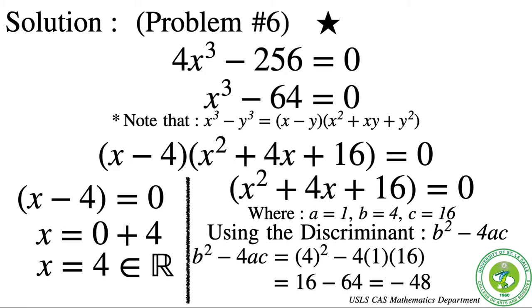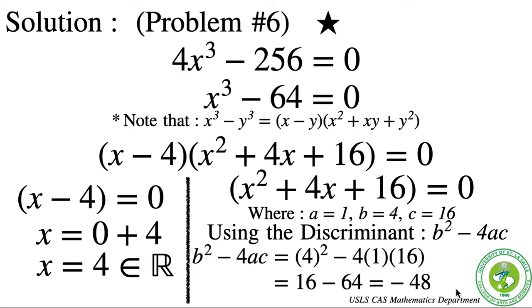So what we have is a negative number. What does that mean? Remember, the discriminant is just a part of a bigger formula, the quadratic formula that gets us the roots of any quadratic. We have x equals negative b plus or minus the square root of b squared minus 4ac, all over 2a. So the discriminant is under a square root.